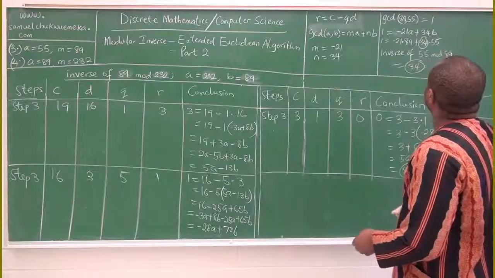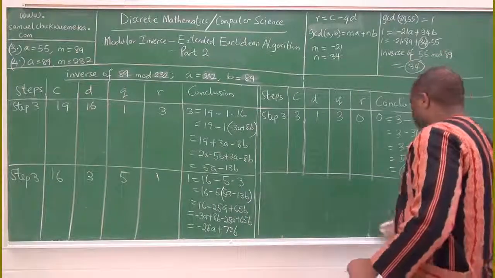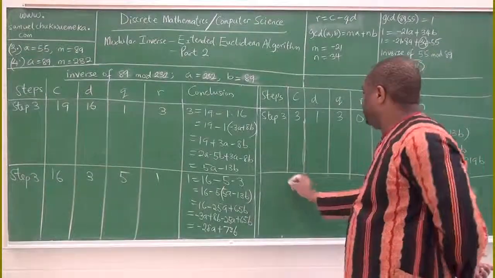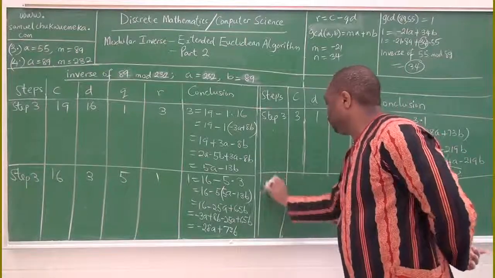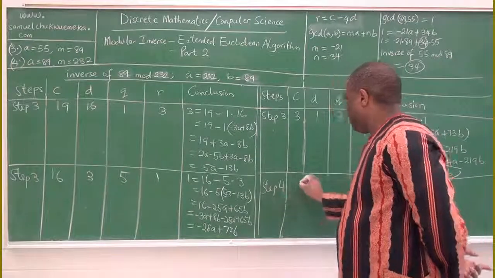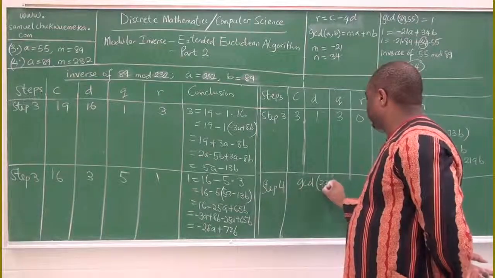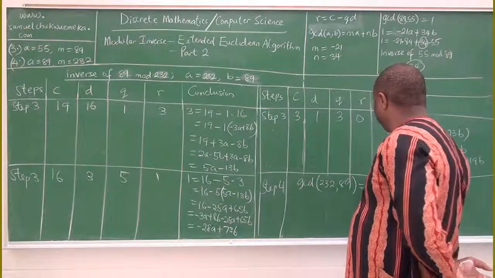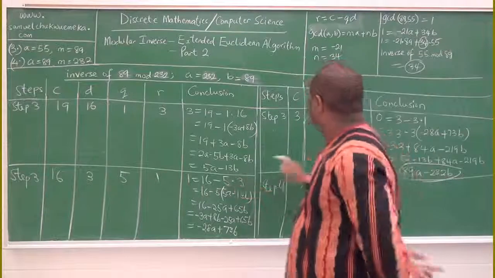And I should, you know what, I'll just write it here. So our GCD, step 4, our GCD of 232 and 89 is equal to 1. You know why it's 1?